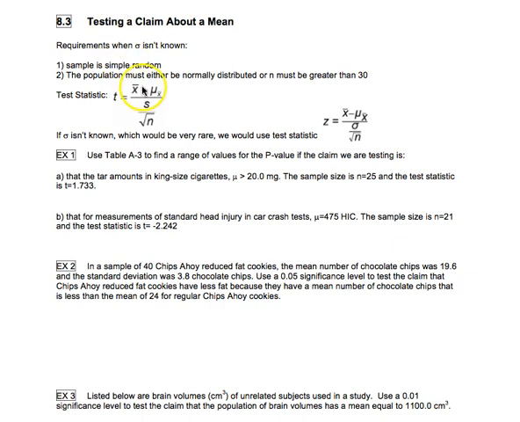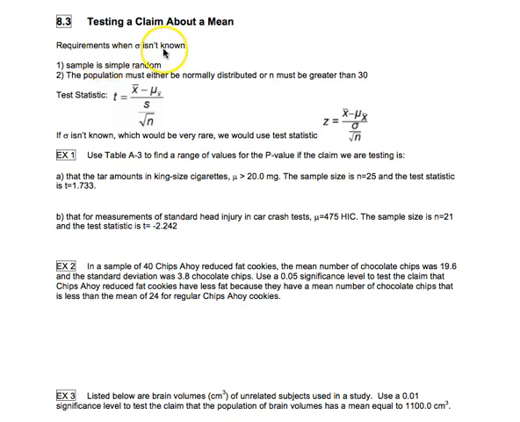So, when we are testing a claim about a mean, we have requirements when our population standard deviation is not known, which, as I said in previous sections, I believe in 8.1, usually it's not.